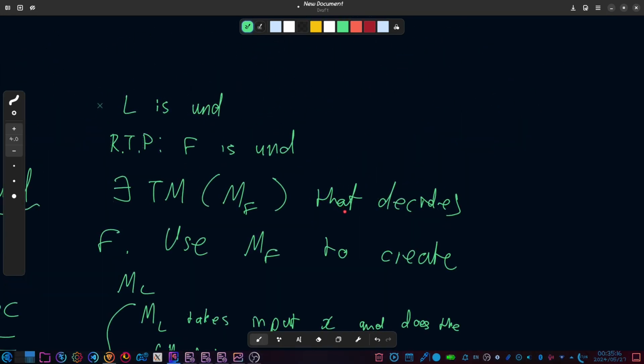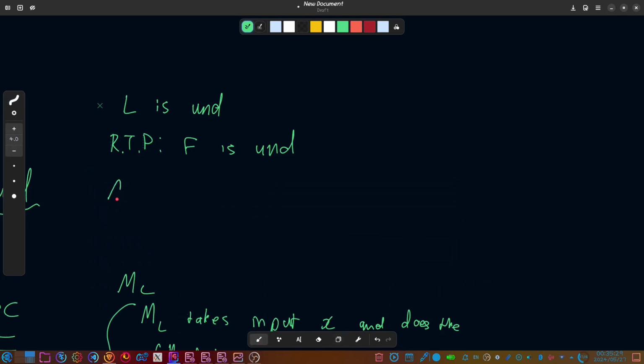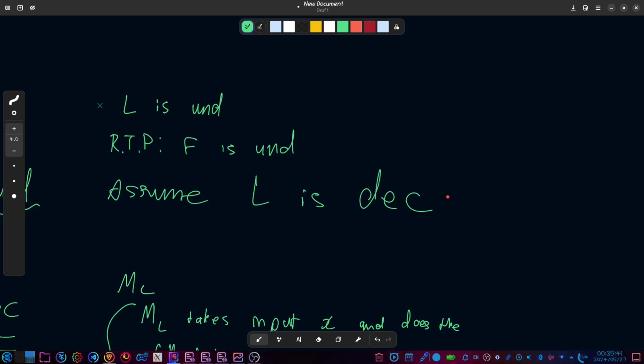So what a lot of people do is they say, okay, we're already given that L is undecidable, and we need to prove that F is undecidable. So what I'm going to do is assume L is decidable, which, and I say this with love and kindness, doesn't make sense.